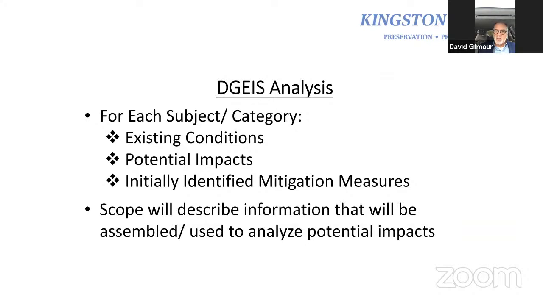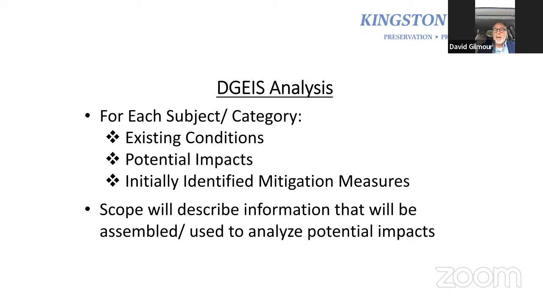And for each of those categories, you've got your whole draft scope laid out for consideration, but essentially we're looking at what the existing condition is, what the potential impacts are, and we're identifying potential mitigation measures. We're not at this point within the draft scoping document analyzing the form-based code. It hasn't been released yet. We're just setting out the framework for how we're going to analyze the form-based code.